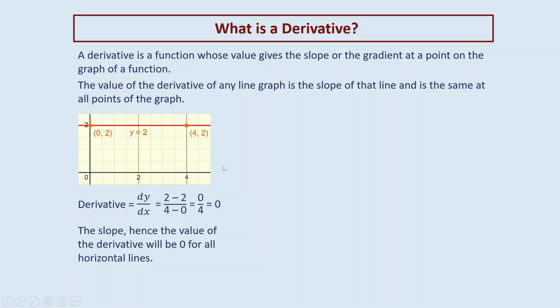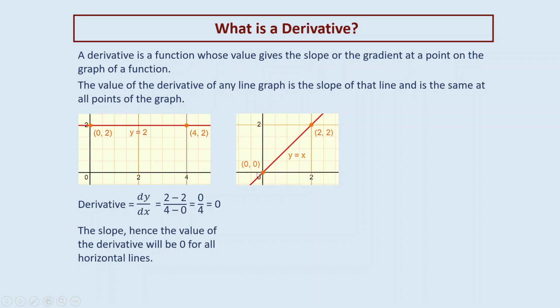Okay. Now we come to a normal line; these horizontal lines were special lines. This is an inclined line, just a usual line. So what will be the derivative of this line? The equation of this line is y equals x, and I have to take 2 points because I want the slope or the gradient.